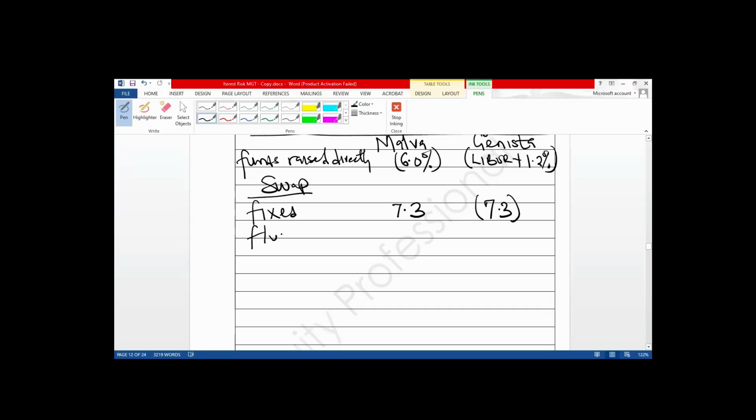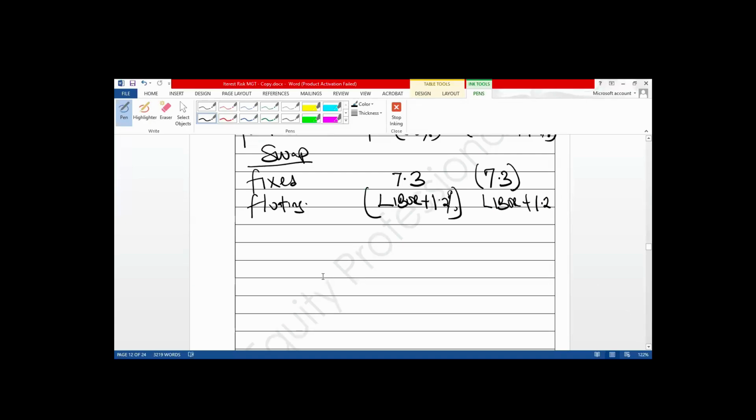Under float, Magda will pay LIBOR plus 1.2. This will be received by Jenista, LIBOR plus 1.2.